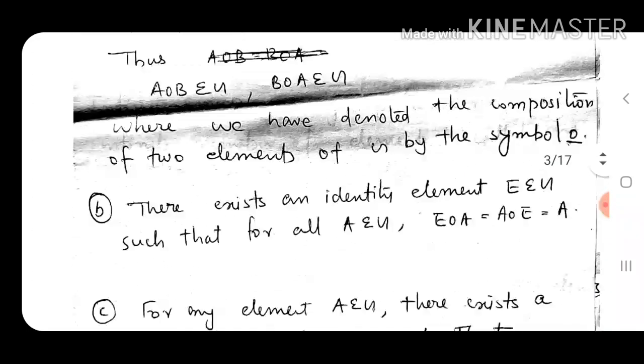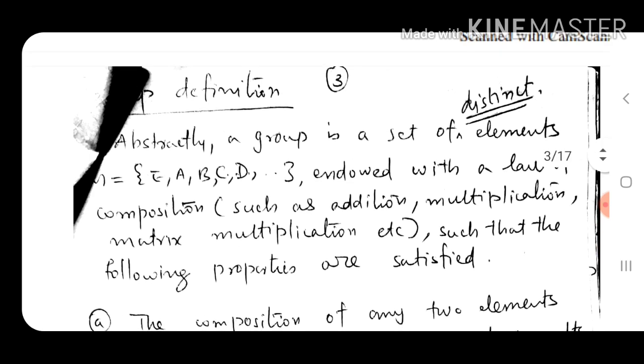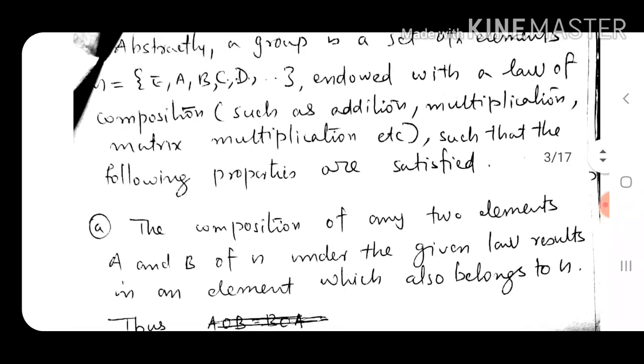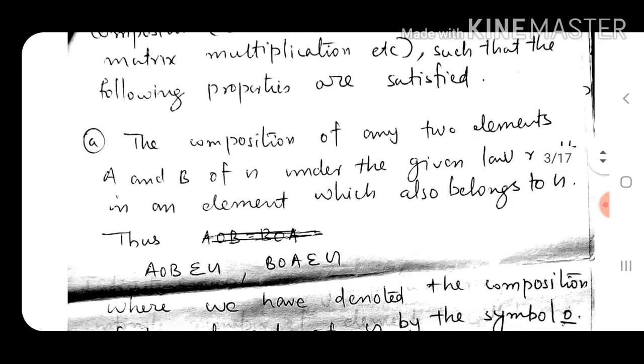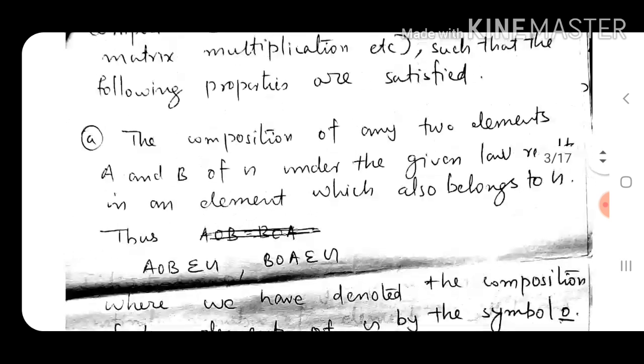So we have now seen the definition of a group. A group is a set of distinct elements. The elements should be different, there should not be any repetition. It is endowed with a law of composition. Whenever we define a group, we will state the law of composition, addition or multiplication, matrix multiplication, etc., such that the following four properties are satisfied.